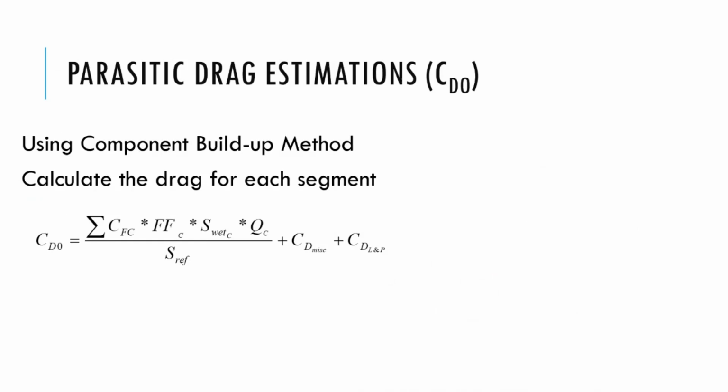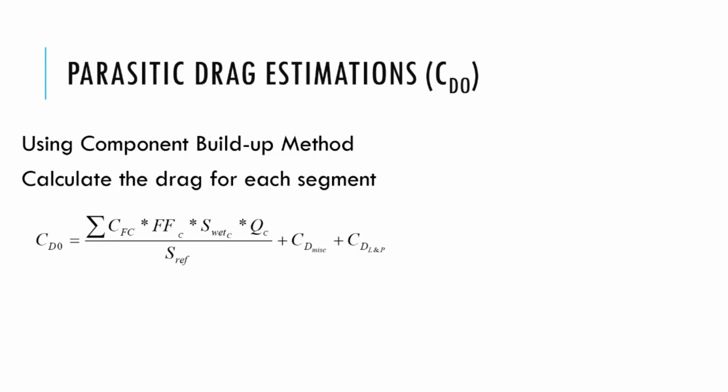You have to do a summation of the component CF, skin friction drag coefficient, into component form factor, which takes care of the form drag, into wetted area. So this wetted area takes care of the skin friction drag. And then you have Q, which is the interference drag coefficient. All of this with reference to SREF.